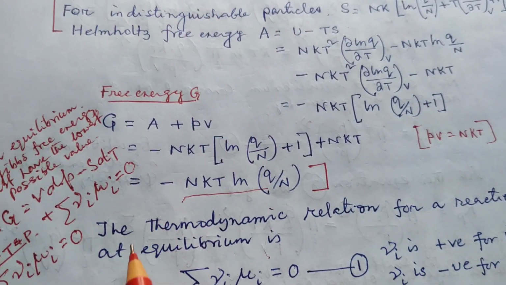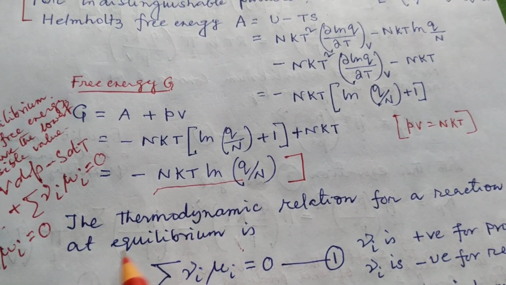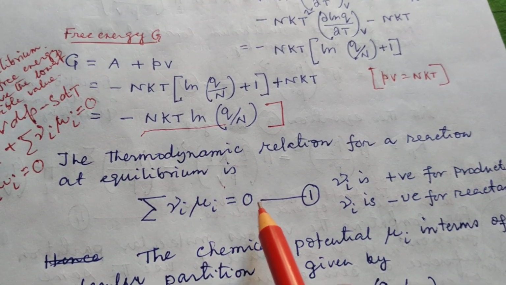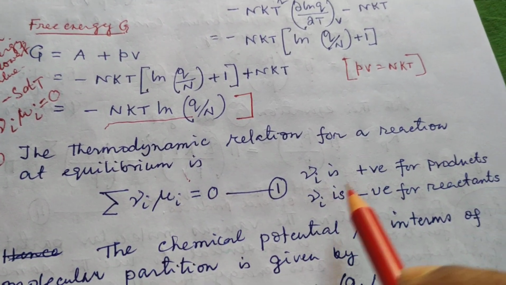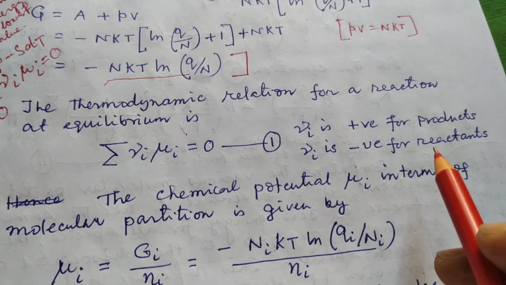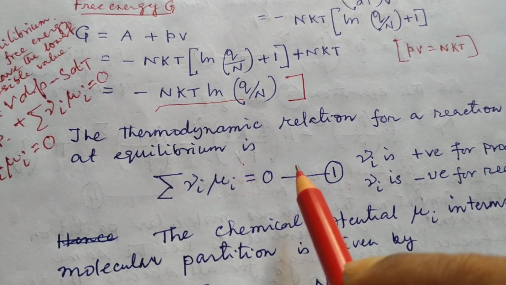Now, the thermodynamic relation for a reaction at equilibrium is sigma nu_i mu_i equals 0, where nu_i is positive for products and negative for reactants. How did this relation come?